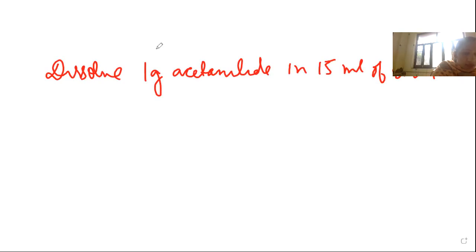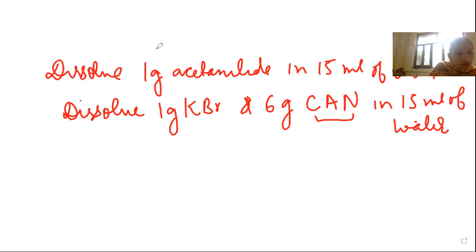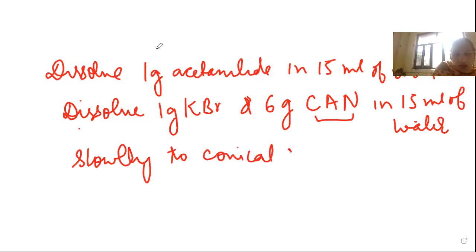Then we will take a separate conical flask, and to this we will add KBr, and we will dissolve 1 gram of KBr and 6 gram of ceric ammonium nitrate, which I am abbreviating as CAN, in 15 ml of water. Then we will add this ceric ammonium nitrate and KBr solution slowly to the conical flask containing acetanilide.